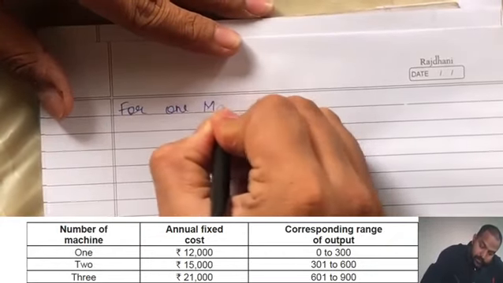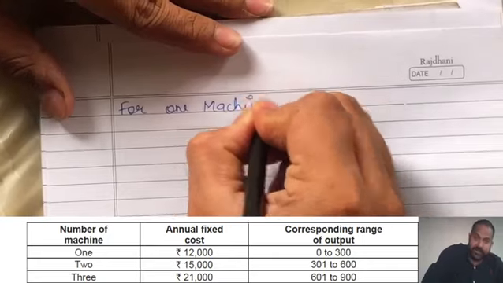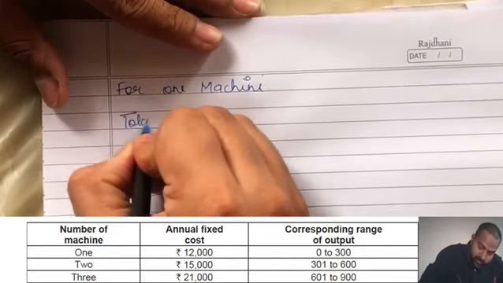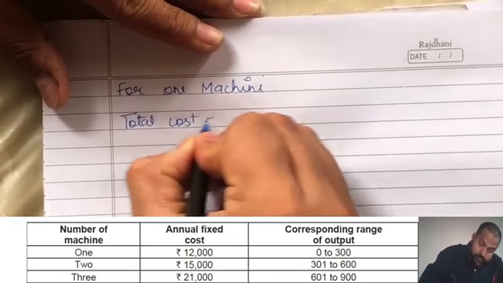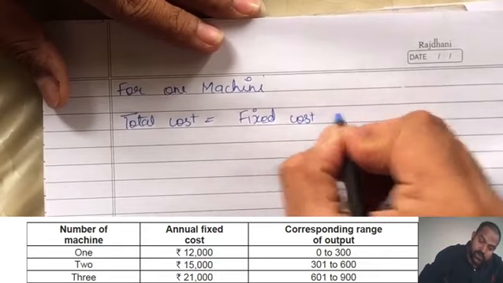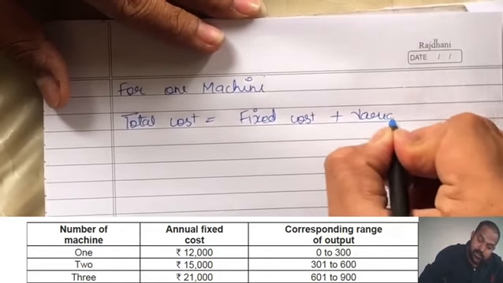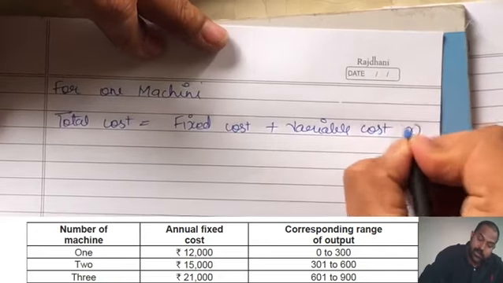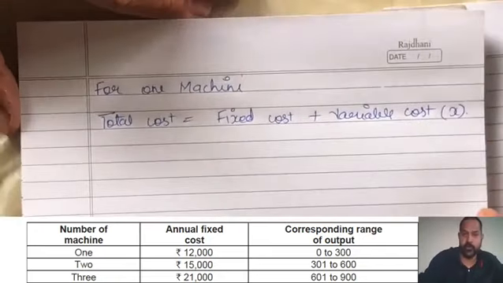So I will begin with one machine. See, total cost is always fixed cost plus variable cost into the number of units that you are producing.